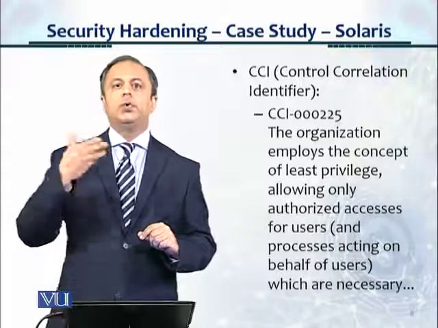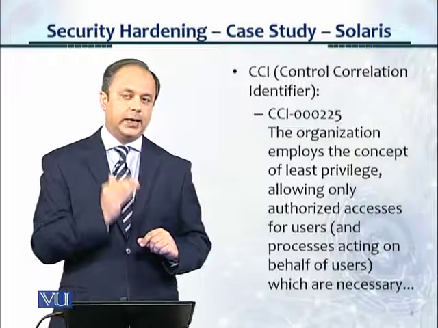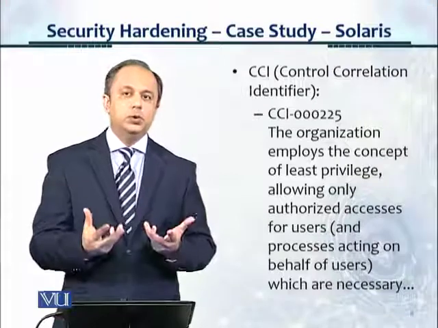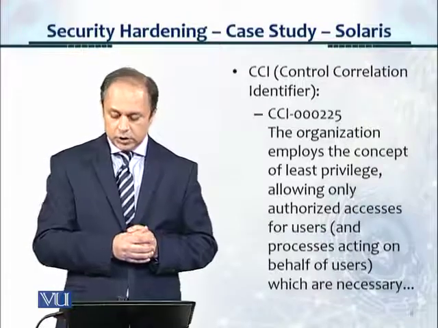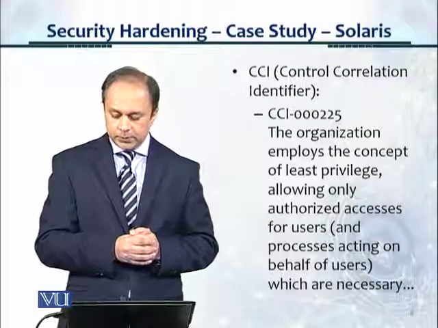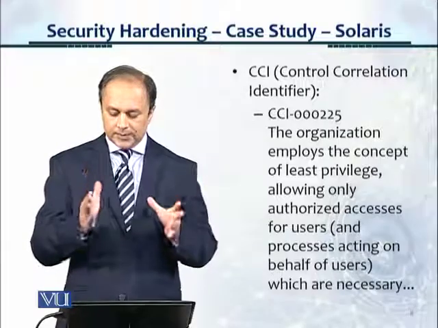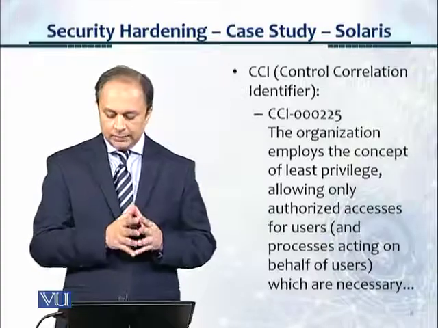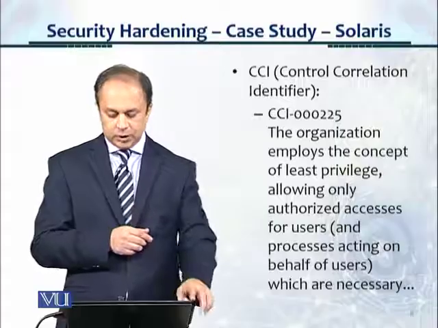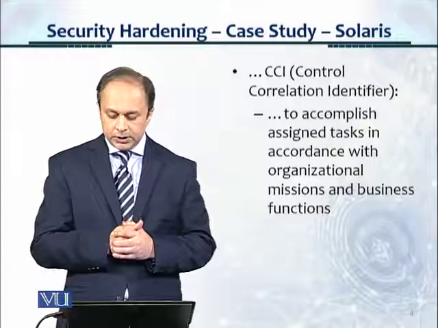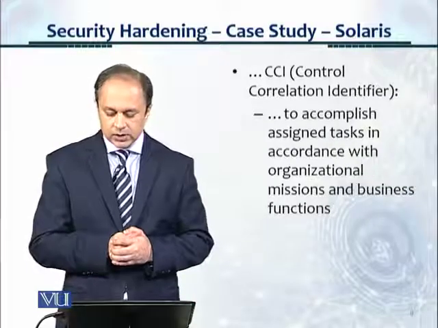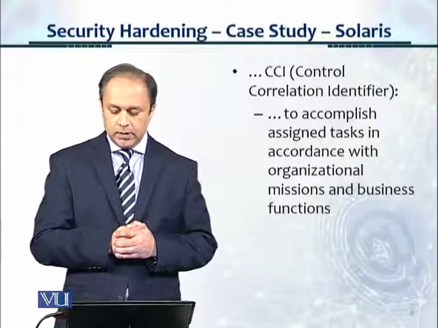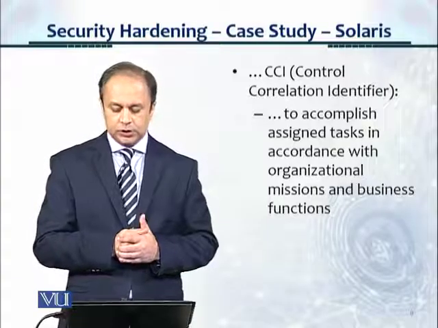You never give more privilege than is needed for the task at hand because it could be abused. It says the organization employs the concept of least privilege, allowing only authorized accesses for users and processes acting on behalf of users which are necessary to accomplish assigned tasks in accordance with organizational missions and business functions.